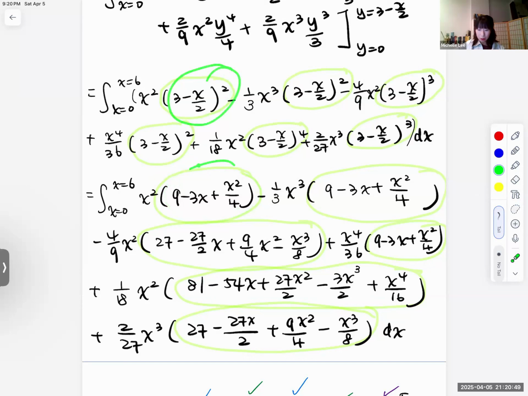So expand this one here, and expand this one here, and expand this one here. Okay, now I multiply, distribute everything.